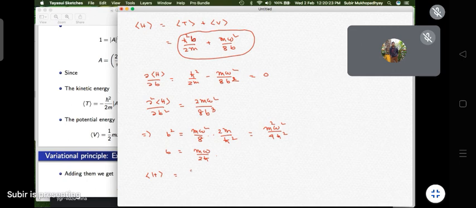h bar square by 2m, m omega by 2 h bar, plus m omega square by 8 times 1 by b, that will be 2 h bar by m, right?